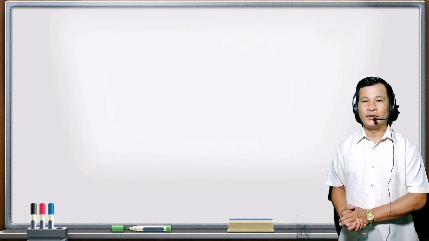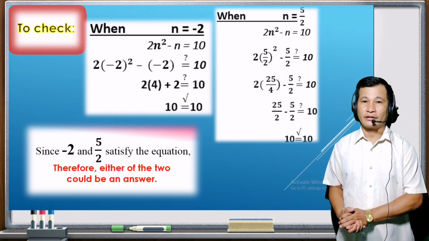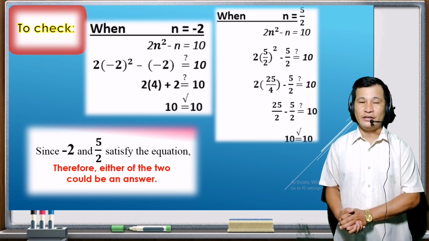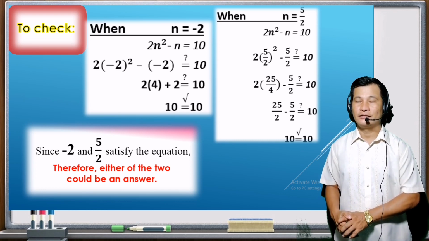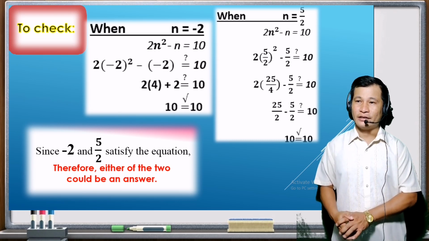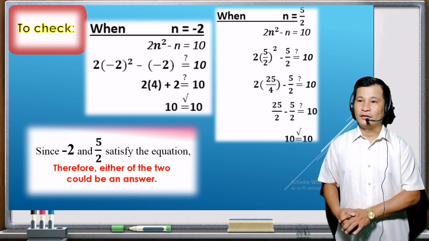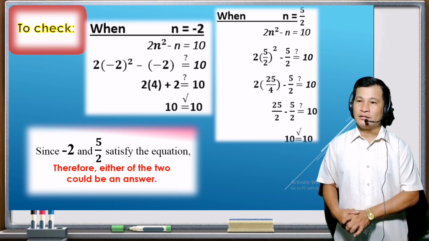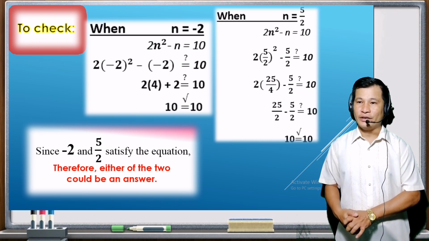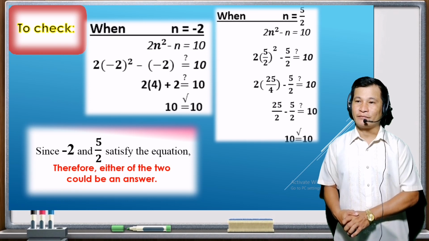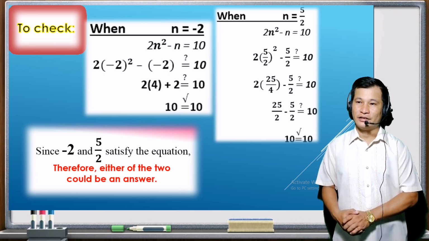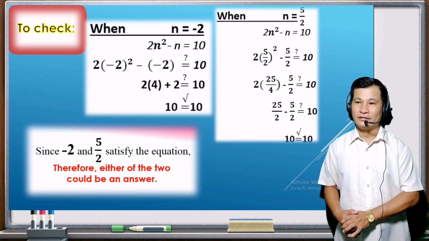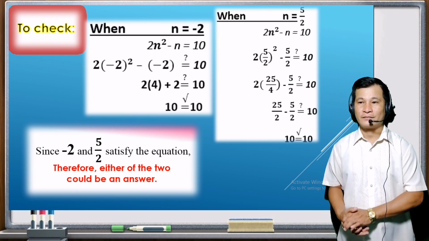And now let's find out if our computed values are correct by substituting these values into the original equation. When n equals negative 2, we have 2 times negative 2 squared minus the quantity negative 2 equals 10. Simplifying, we have 2 times 4 plus 2 equals 10, and then 10 equals 10.